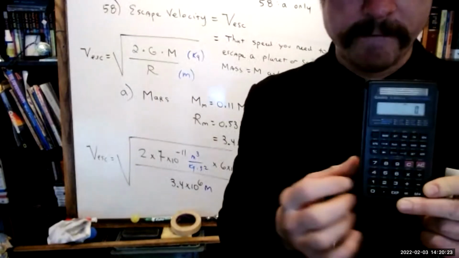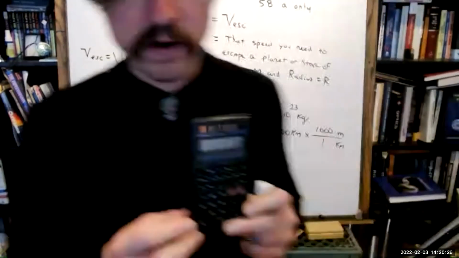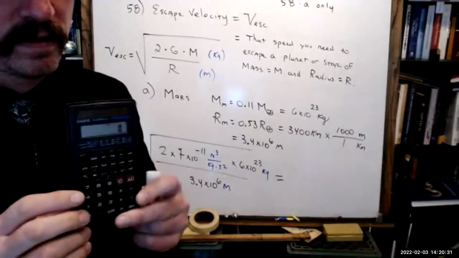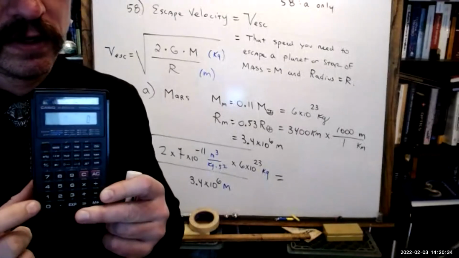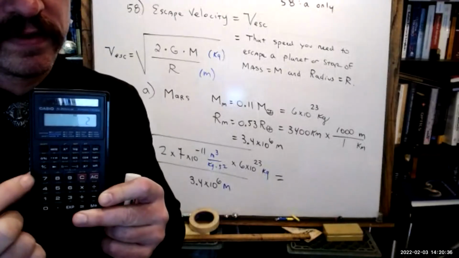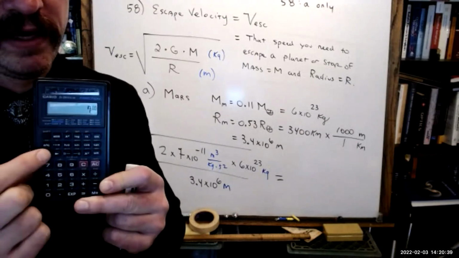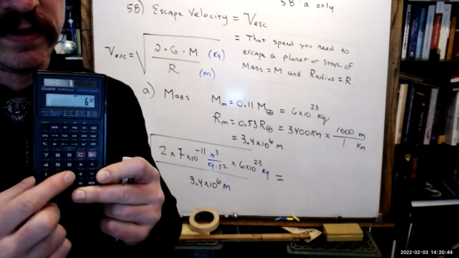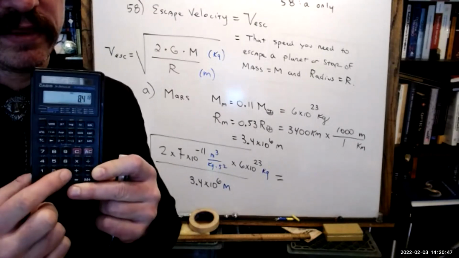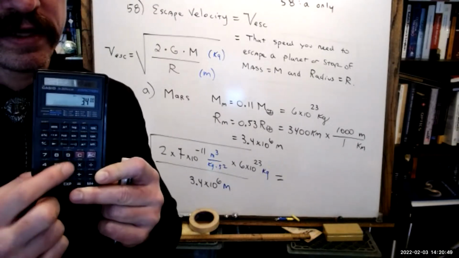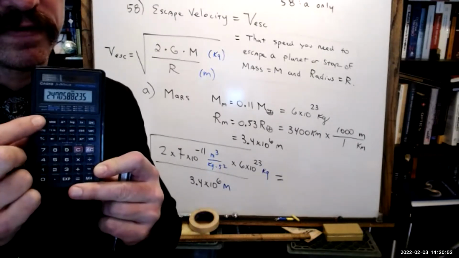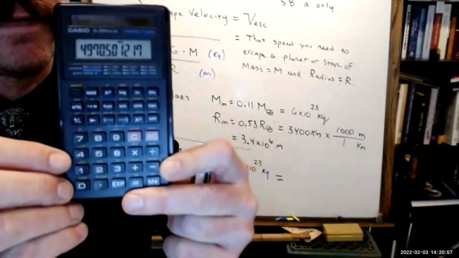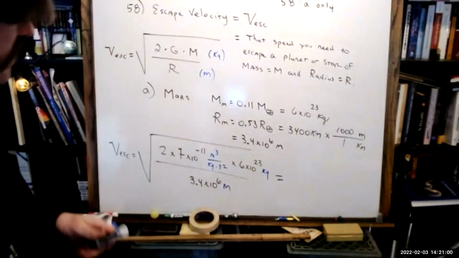That sounds better. 2 times 7 exp negative 11 times 6 exp 23 divided by 3.4 exp 6 equals first, then shift square root. So if you have 4,970, yeah, that rounds to about 5,000.